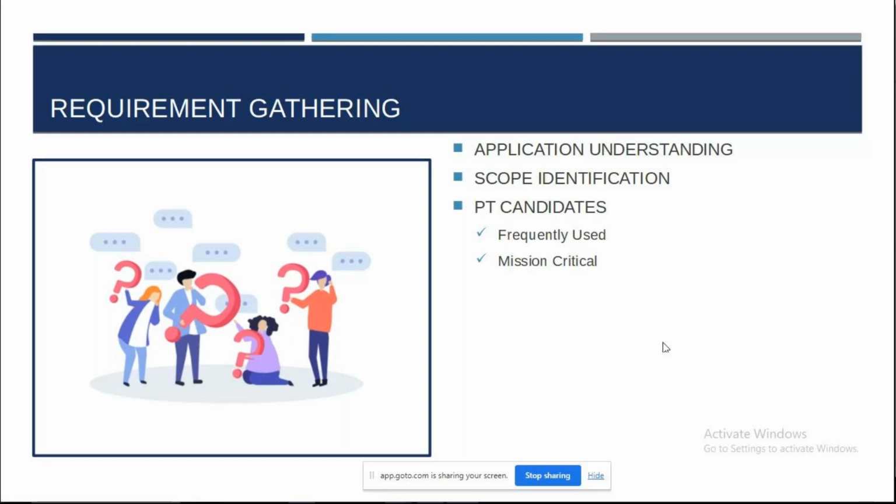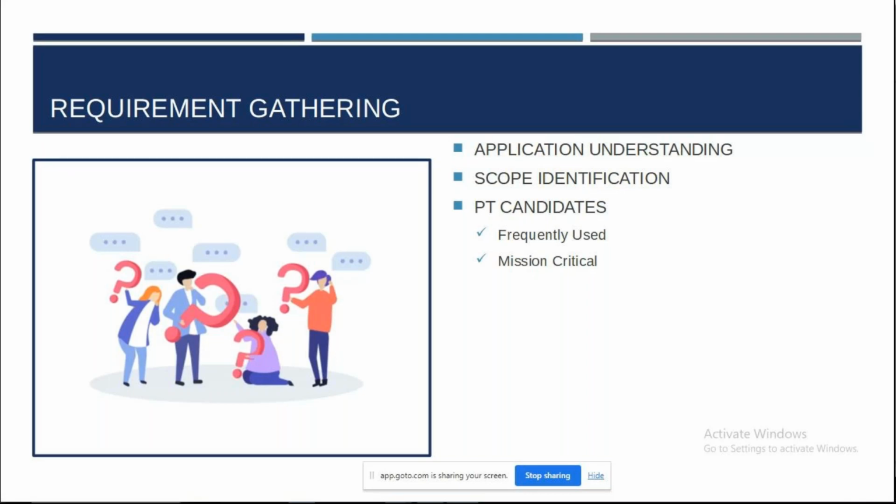Okay, any queries anyone till now? So most of the time, is this scope identification done by the customer, or is it a joint effort? It depends. If the customer is very mature on performance testing, these will mostly be provided by the customer.